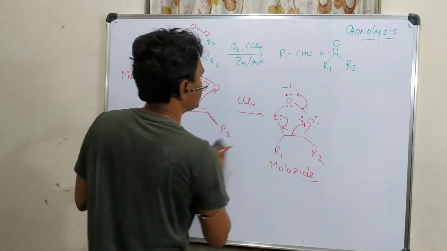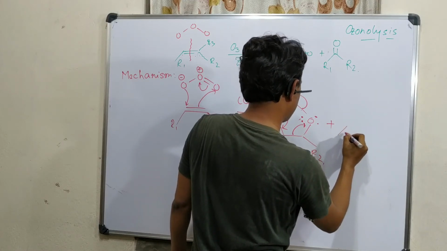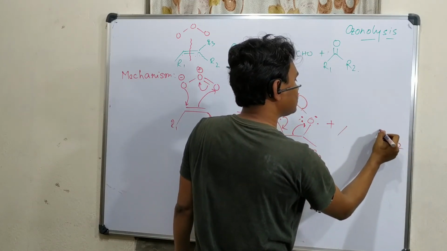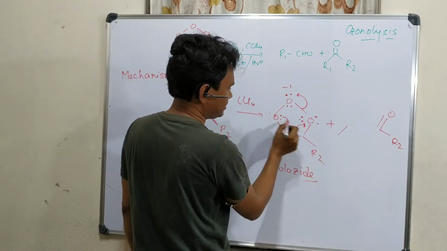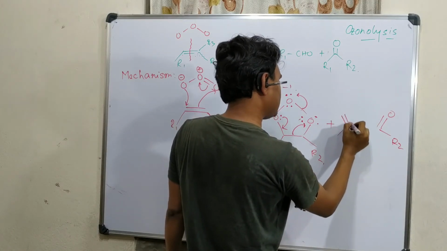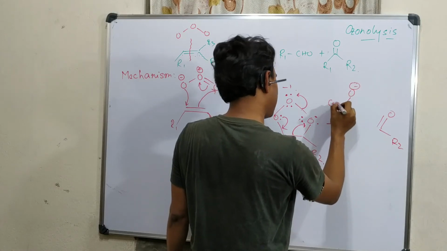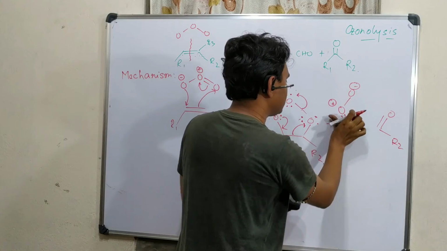How? One part is the carbonyl, R2 double bond O. Then another part is O minus, and this is plus R1.